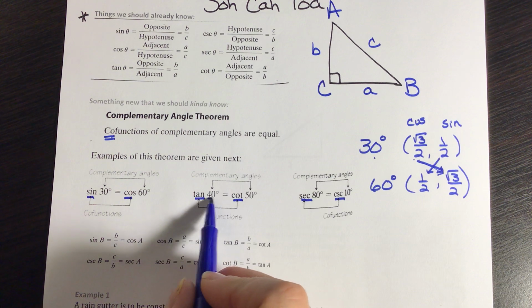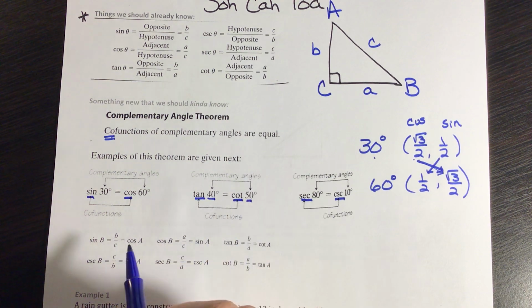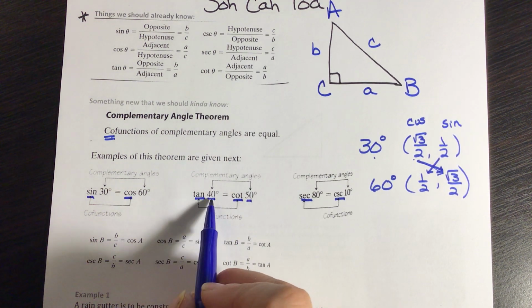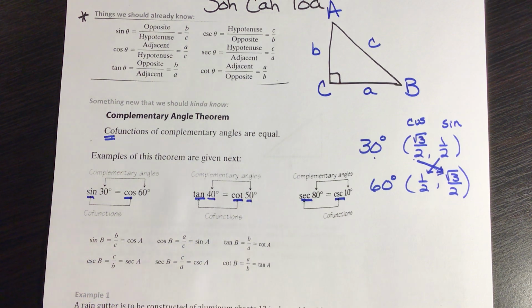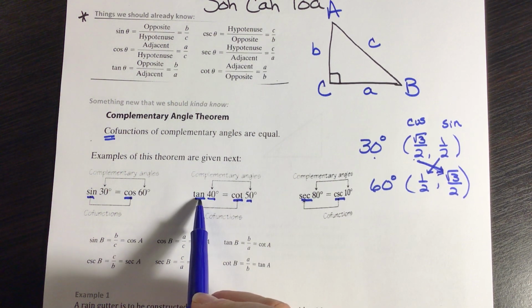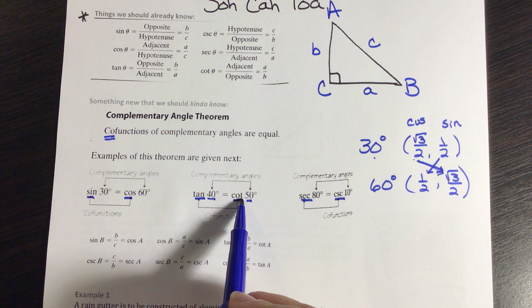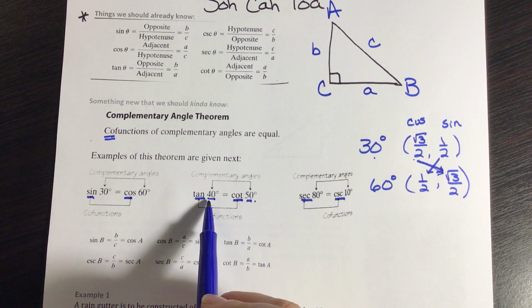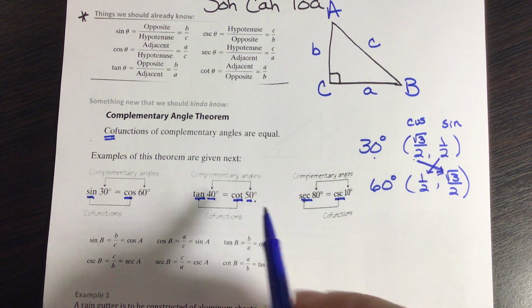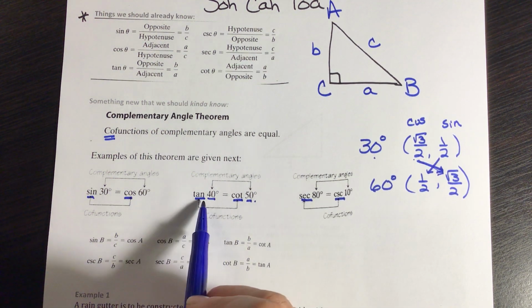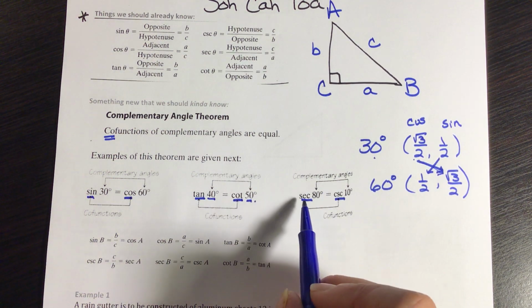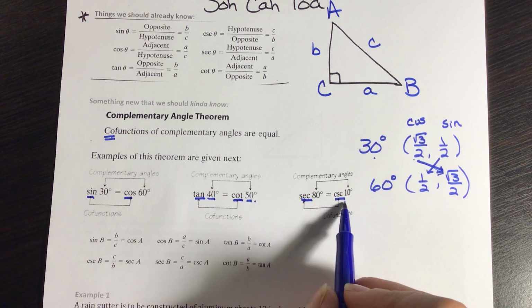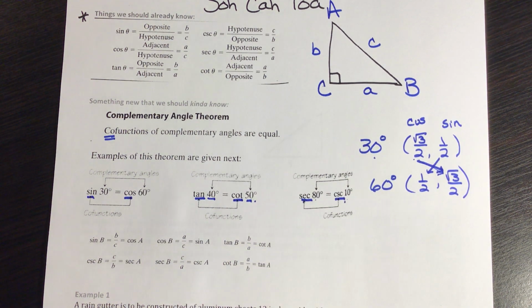So if I have a 40-degree angle and a 50-degree angle, tangent of 40 and cotangent of 50, I could do sine of 40 equals cosine of 50. All right, so it doesn't matter which pair I use in terms of the trig ratios, but those cofunctions are equal if they're with complementary angles.